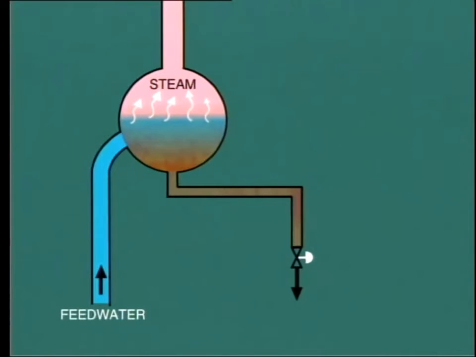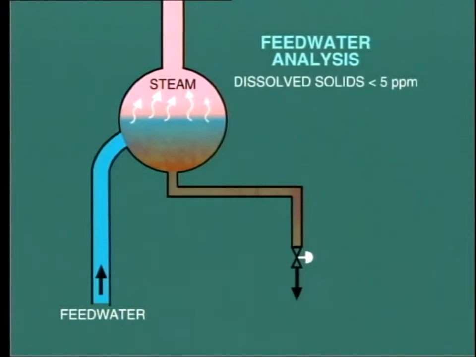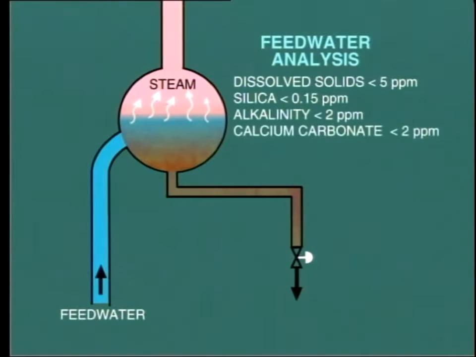However, we would typically expect to find the following analysis of boiler feed water and makeup. These concentrations are given in parts per million, ppm. Total dissolved solids are less than 5 ppm. Silica is below 0.15 ppm. Alkalinity is 2 ppm or less. Hardness, as calcium carbonate, is at 2 ppm or less.